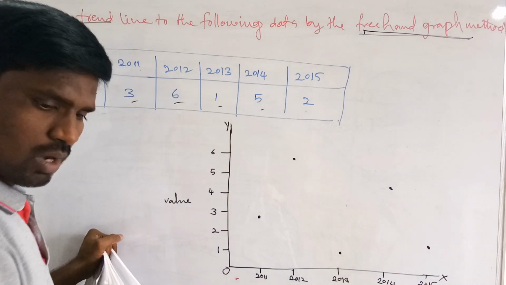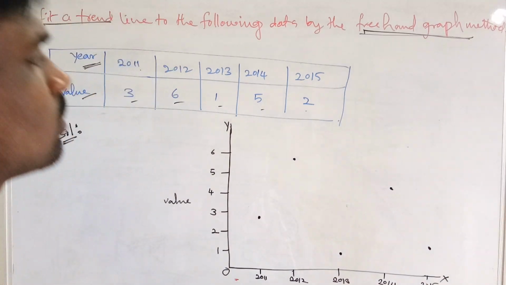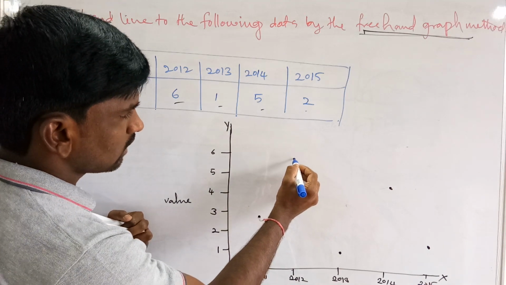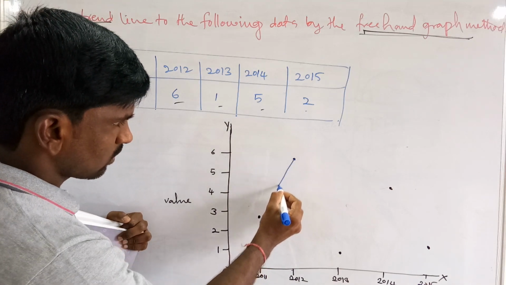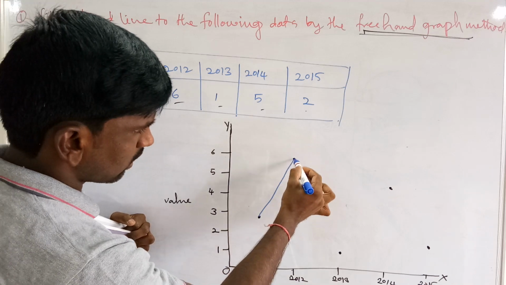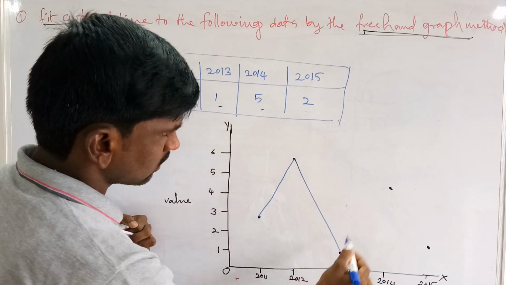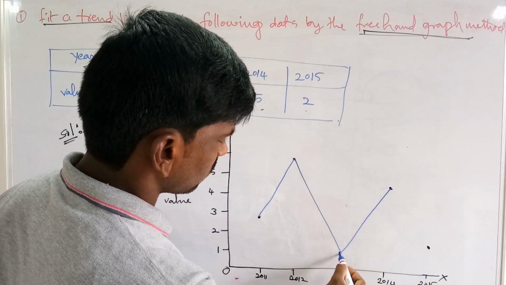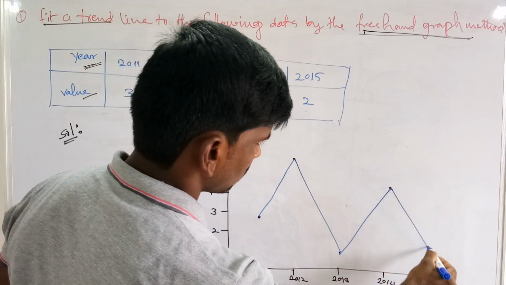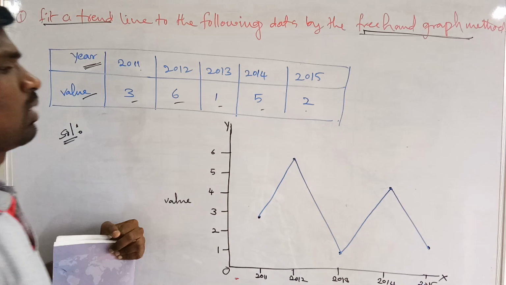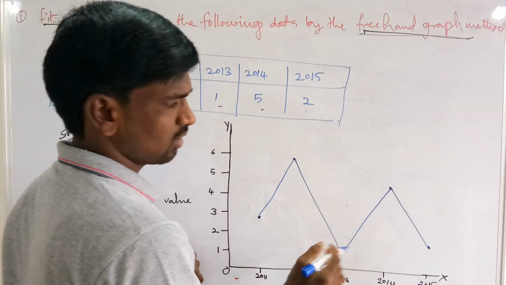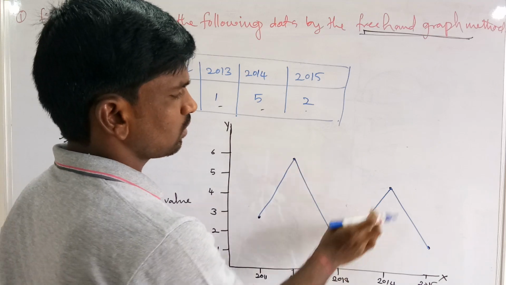Here we have to draw a smoothed curve by connecting all these plots. This is called a freehand curve, and there are 5 dots.